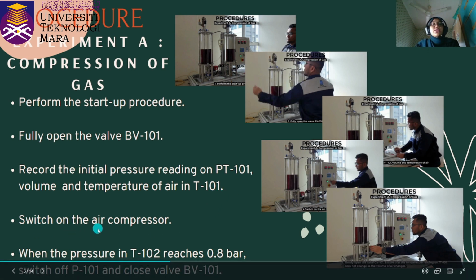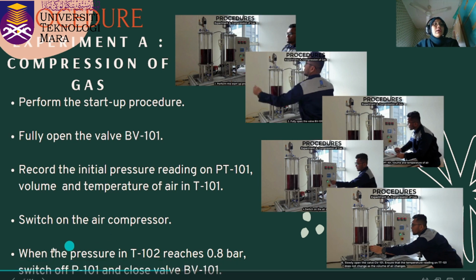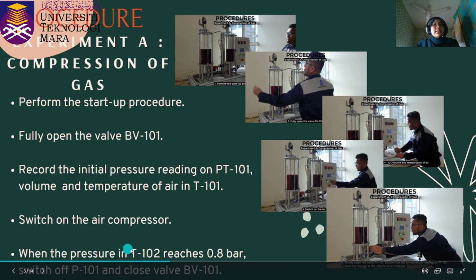Next, switch on the air compressor. When the pressure in T102 reaches 0.8 bar, switch off P101 and close valve BV101.